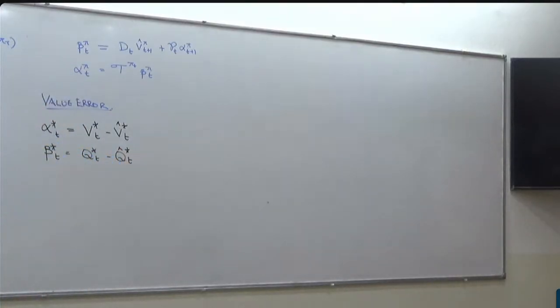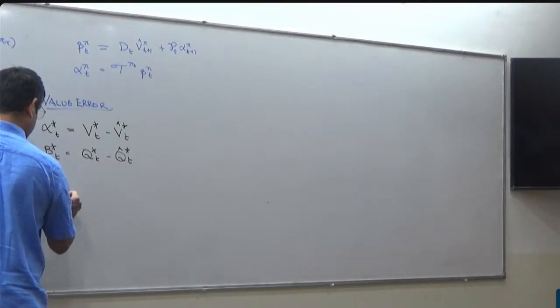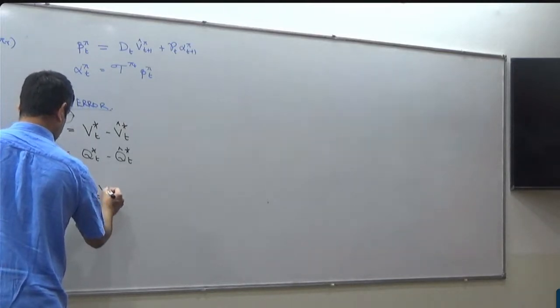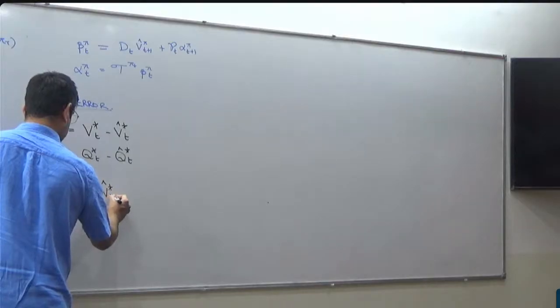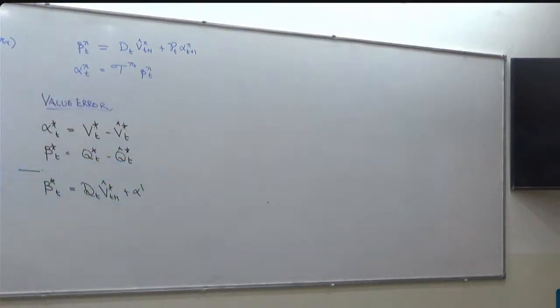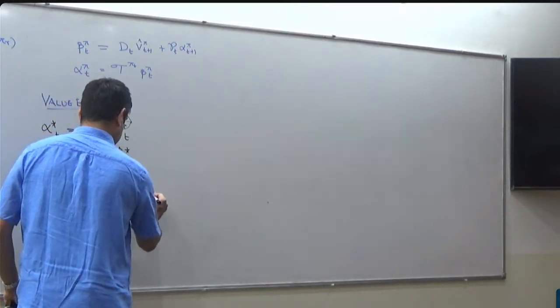Okay. And now I require two things. I want to know what is the relationship between beta star t and alpha star t plus 1. So note that just from the one-step error, I know beta star t is equal to the mismatch operator applied on v hat star t plus 1, plus P_t times alpha star t plus 1.